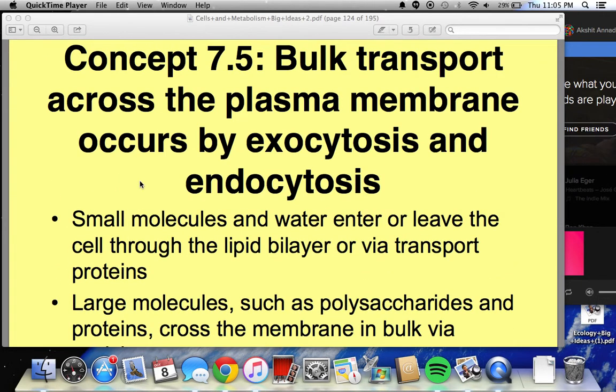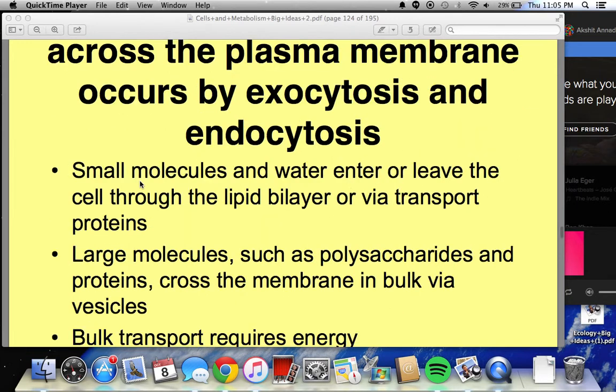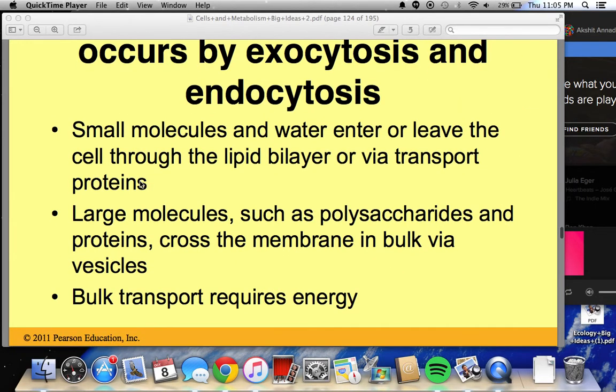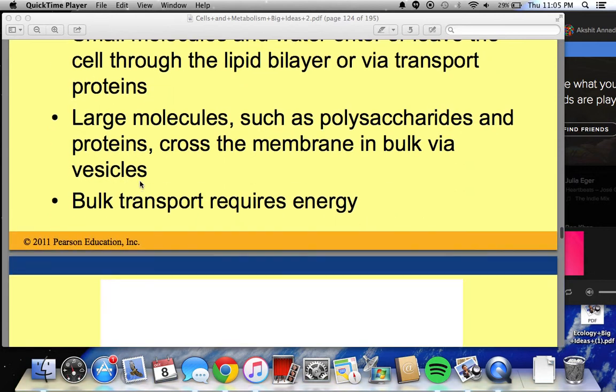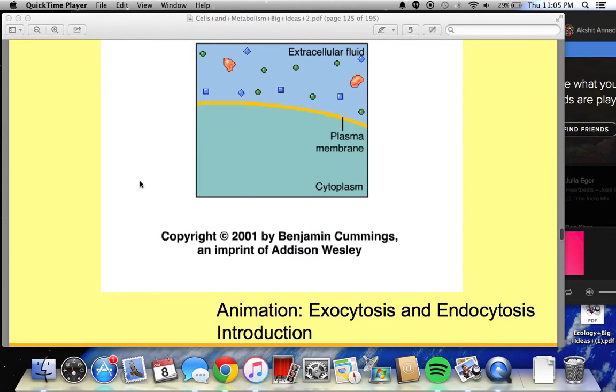And the last type of transport is bulk transport, and there's two types: exocytosis and endocytosis. Really large molecules, they just can't fit through the cell membrane no matter what protein and whatever, so they need bulk transport, and bulk transport requires energy because it's like a lot of stuff.